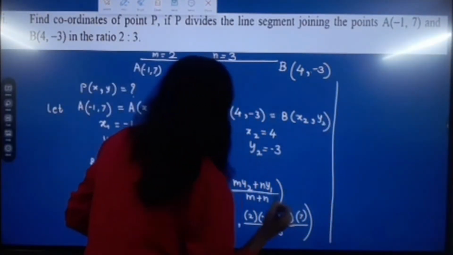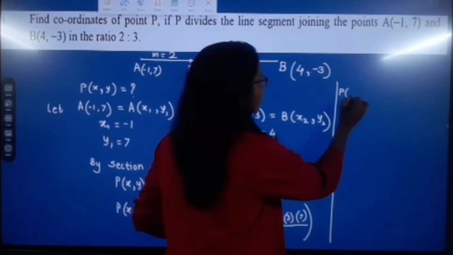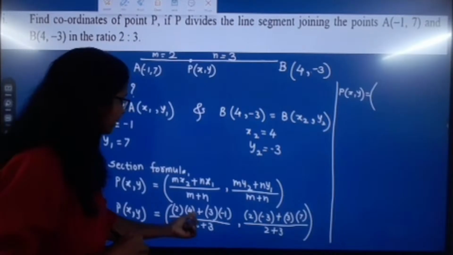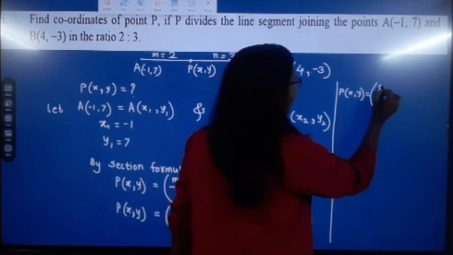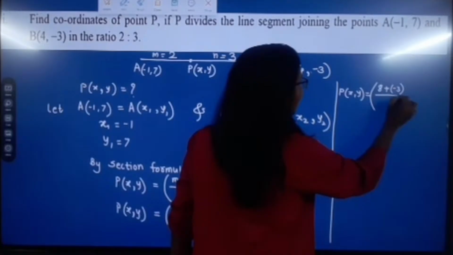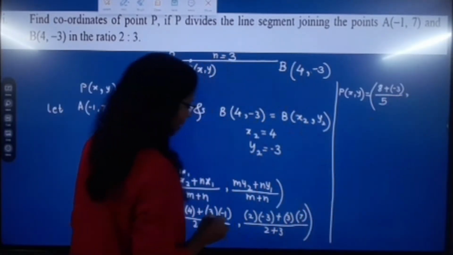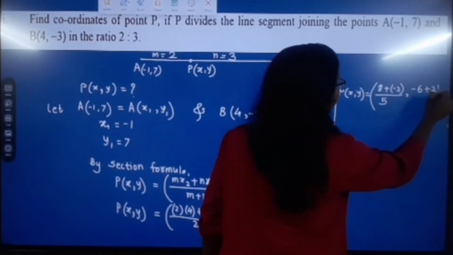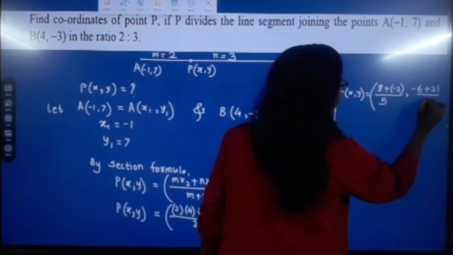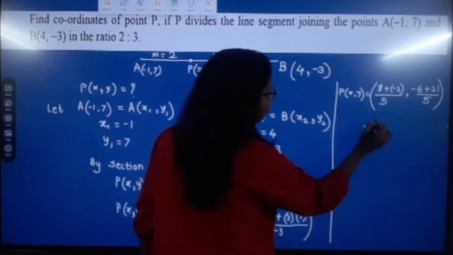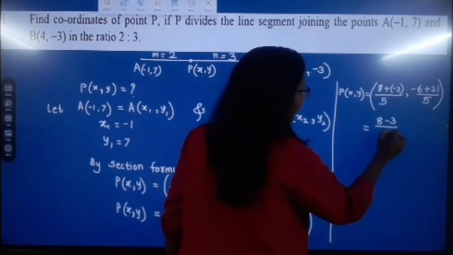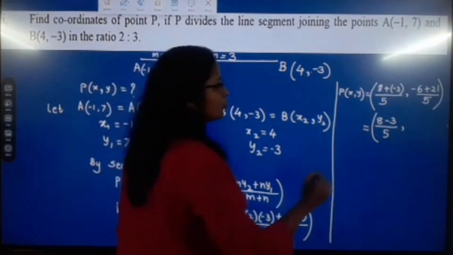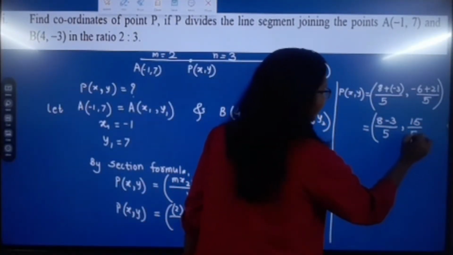Okay, so then here P(x, y) is equal to (8 plus -3) divided by 5, comma, (-6 plus 21) divided by 5, which is equal to (8 minus 3) divided by 5, comma, (21 minus 6, that means 15) upon 5, students.